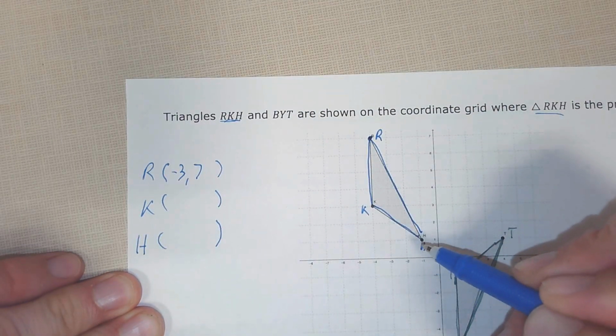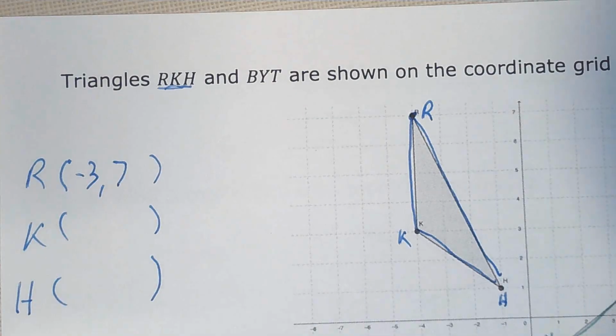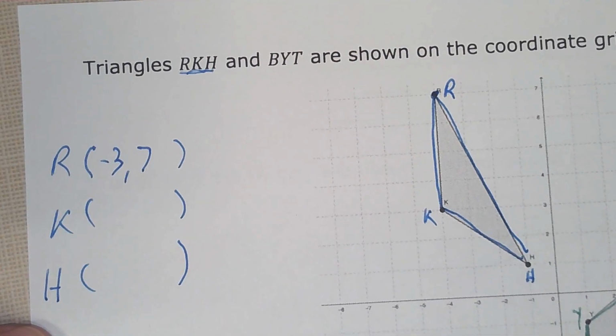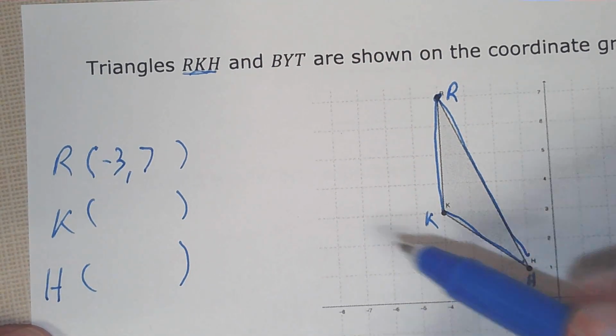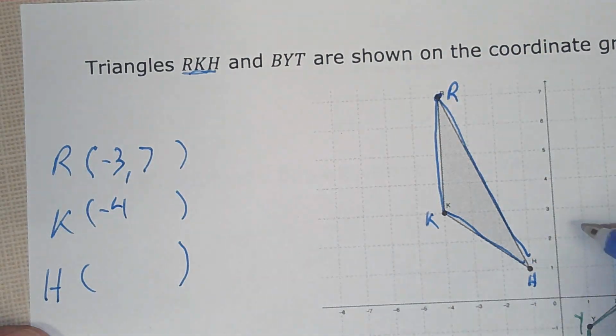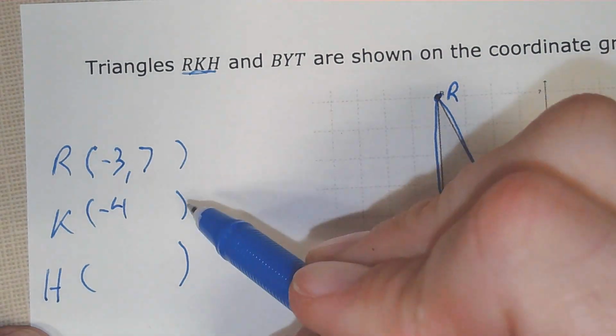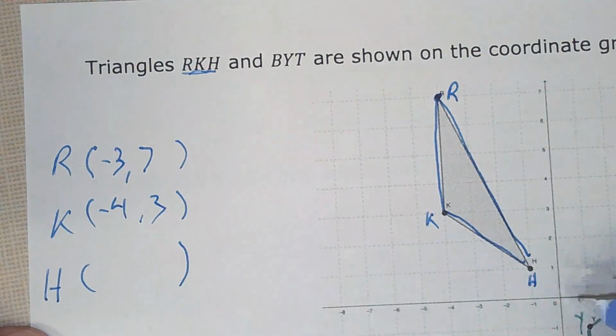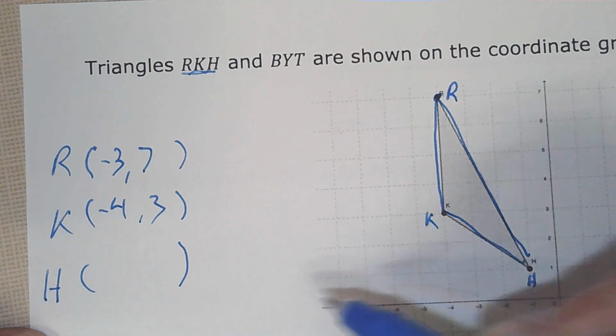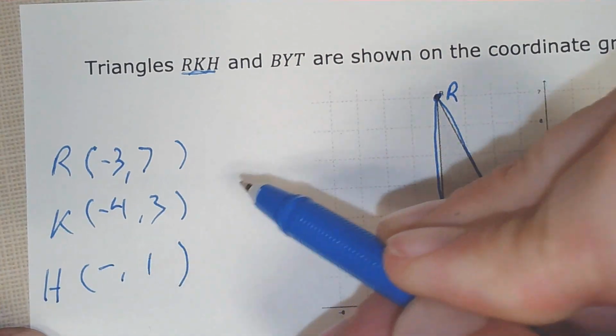Our K value, let me maybe zoom in a little bit. There we go. Our K value is -4, 3. Our H value is -1, 1.